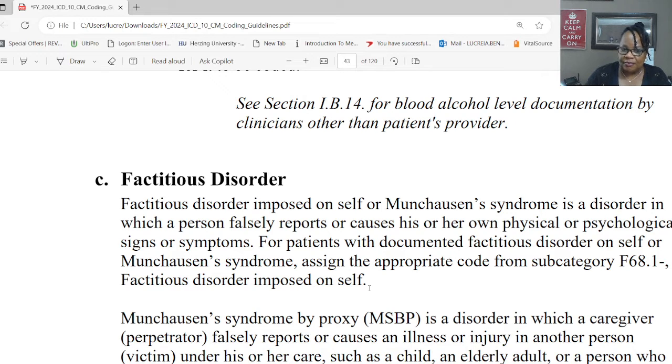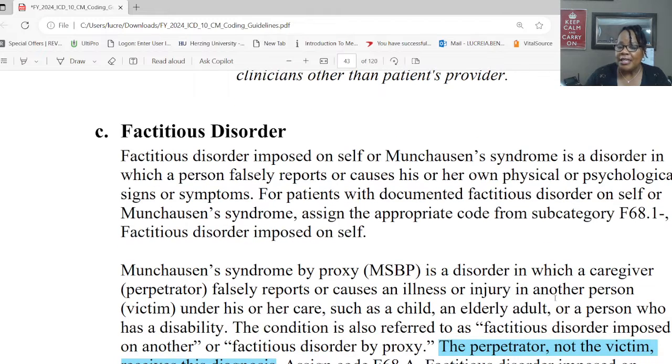Now, Munchausen syndrome by proxy, they call that MSBP, is a disorder in which a caregiver, we consider them perpetrators, falsely reports or causes an illness or injury in another person that makes them the victim under his or her care, such as a child, an elderly adult, or a person who has a disability.